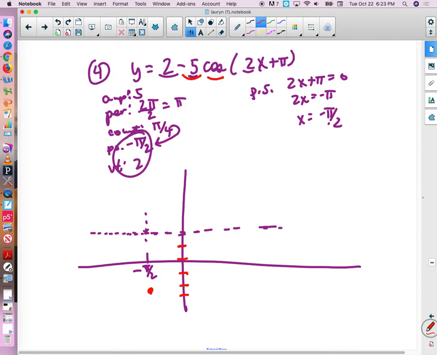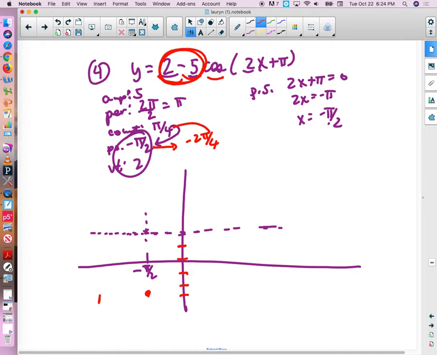Really cool thing about cosine is you can tell where your first dot should be if you add or subtract those numbers. 2 minus 5 is -3. Oh, I never did count, sorry. This is -2 pi over 4.